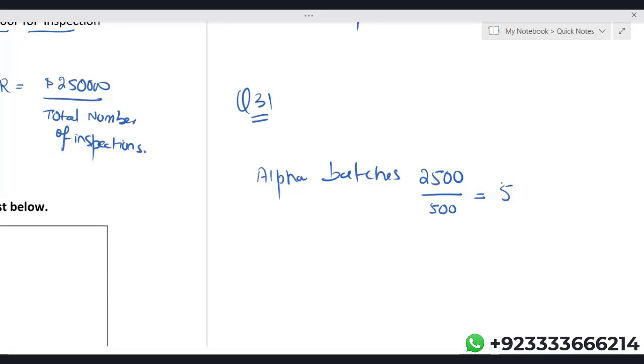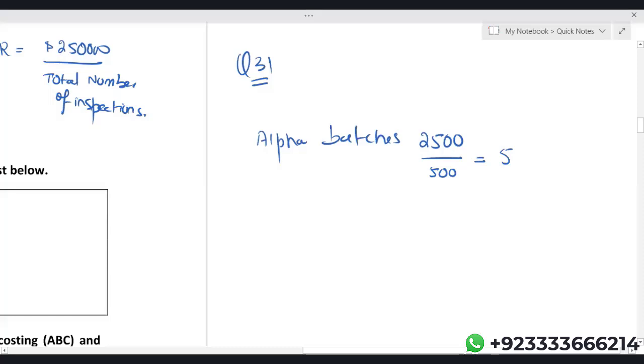When you are producing just one batch of Alpha, it means you are manufacturing 500 units of Alpha. So to manufacture 2,500 units of Alpha, the total number of batches is 5. Now, how many inspections do we need? I'll come to this. Now, Zeta batches.